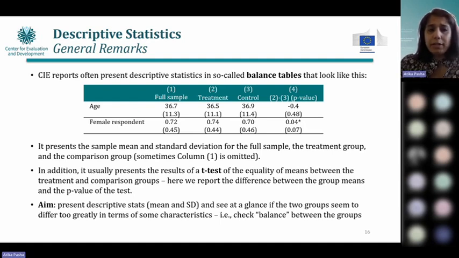So what we will try to do is for this entire sample, but also for the treated subsample and our control subsample, we derive the mean value for age, which tells us the full sample is about, on average, 36.7 years old. The treated is 36.5 and the control is 36.9.